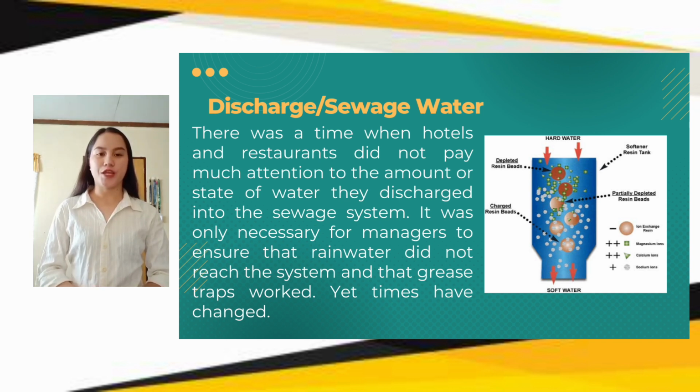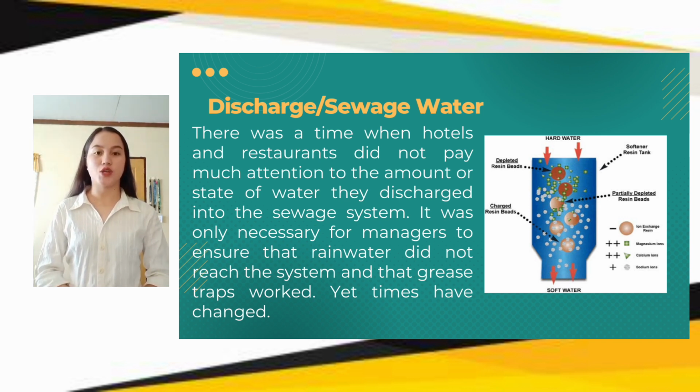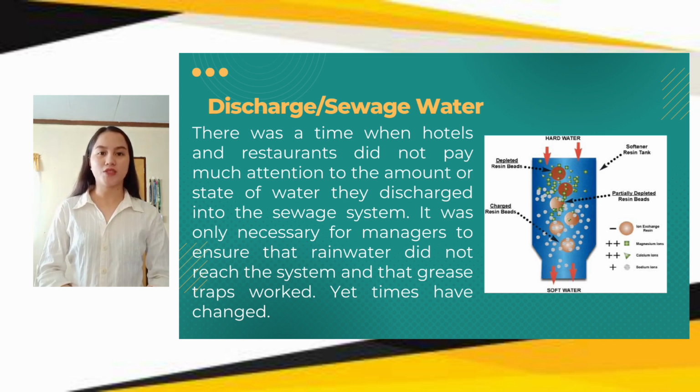Yet times have changed. Hard water is defined as water that has a high concentration of minerals such as calcium, magnesium, manganese, and other cations. Hard water is formed naturally when water passes through rocks such as limestone and chalk, which contain minerals such as calcium carbonate and magnesium carbonate.